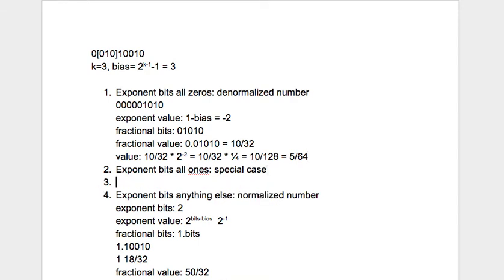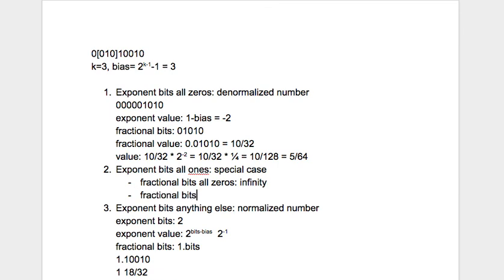For the special cases, there are 2 special cases that we're interested in. We determine which it is by looking at the fractional bits. If the fractional bits are all zeros, then we have infinity. And if the fractional bits are anything else, we have not a number.